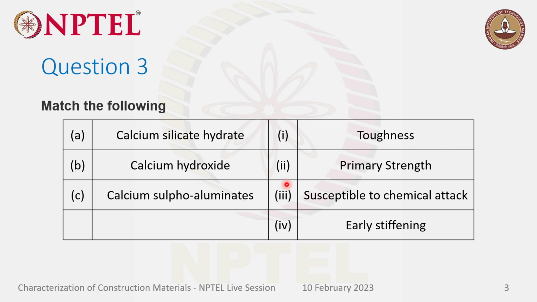Here we have different reaction products: calcium silicate hydrate, calcium hydroxide, and calcium sulfoaluminate, which is nothing but the ettringite and monosulfate phases. Let me start the timer for a minute. Which is responsible for toughness and primary strength, which is susceptible to chemical attack, and which is responsible for early stiffening? You have to match the correct answers and then put them in the chat box.